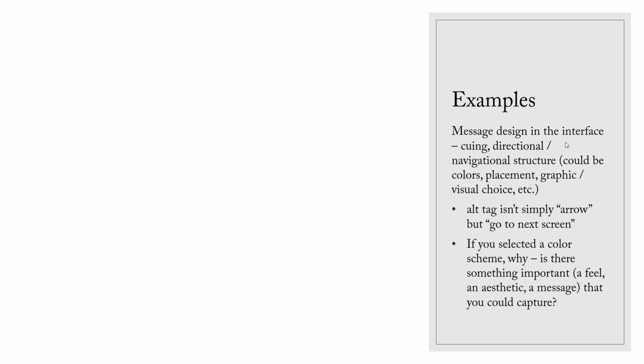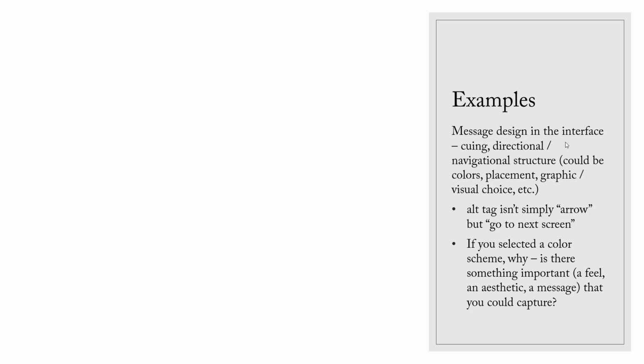We send a lot of these messages and communicate that to learners who have sight, through colors and placement and arrangement, and even the particular graphic or visual choice that we make, like an arrow as opposed to something that looks like a stop sign or a play sign, or a document symbol. And you pick up on all of these visual cues as a learner, but these are really important messages. But what we are doing with these is cueing behavior.